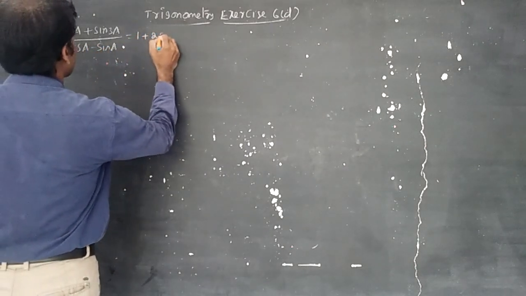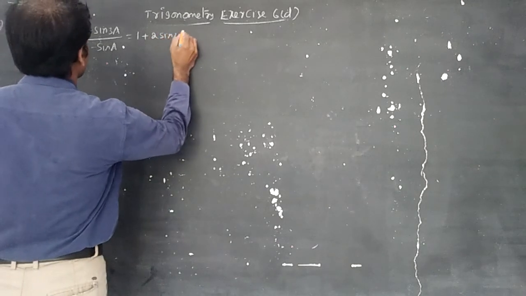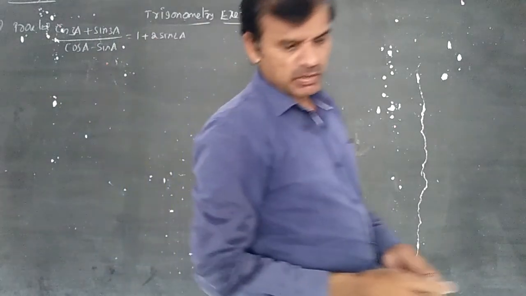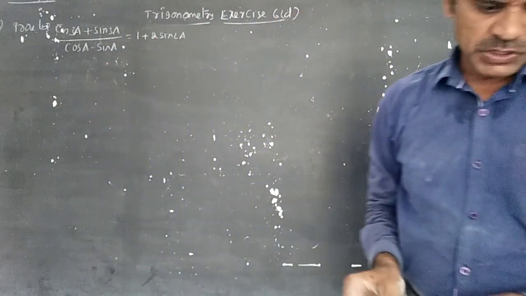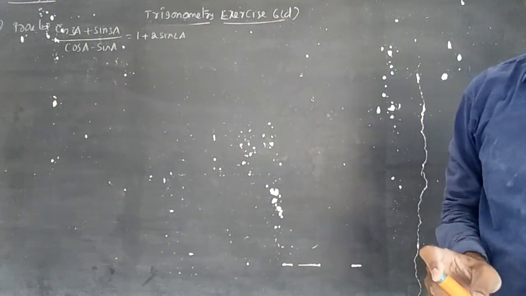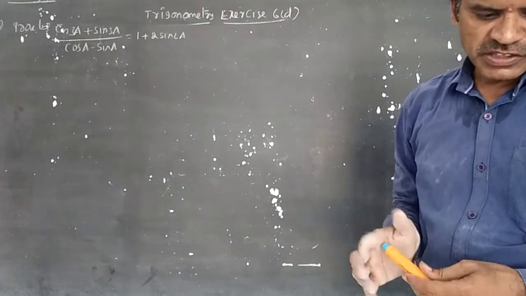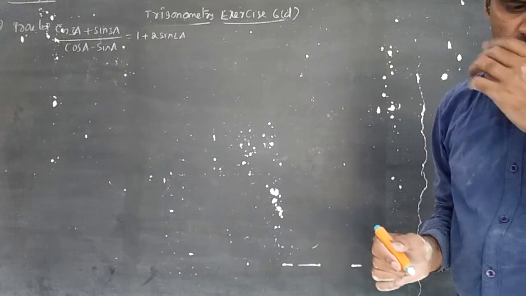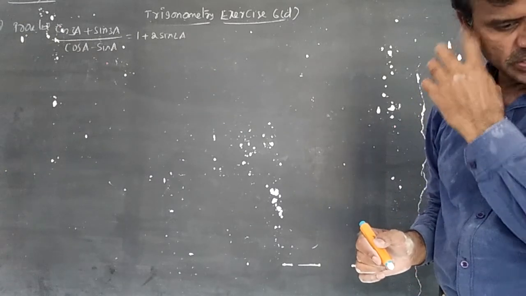Cos 3a plus sin 3a by cos a minus sin a is equal to 1 plus 2 sin 2a.